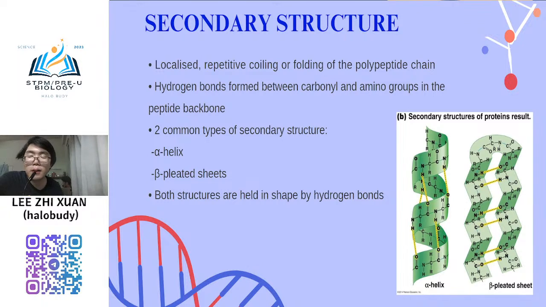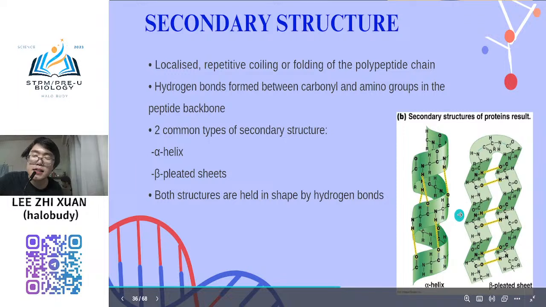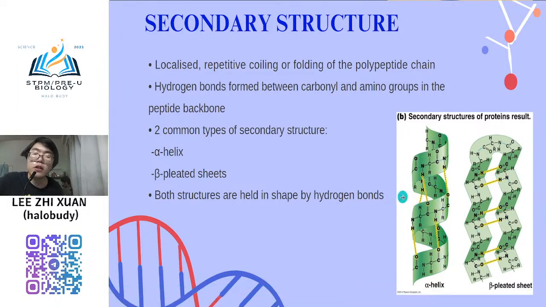It is similar in protein, but in protein they are not different proteins, just different locations of amino acids. In different locations of the amino acid, if there are partially negative oxygen and partially positive hydrogen, they are able to form hydrogen bonds so that the polypeptide chain can coil or fold.